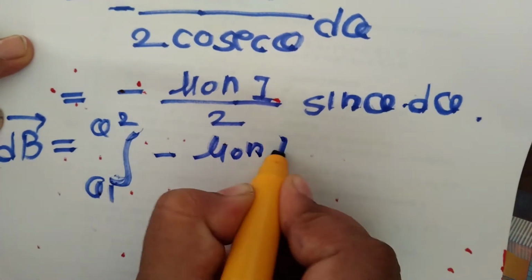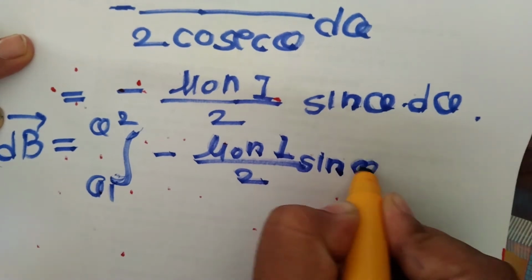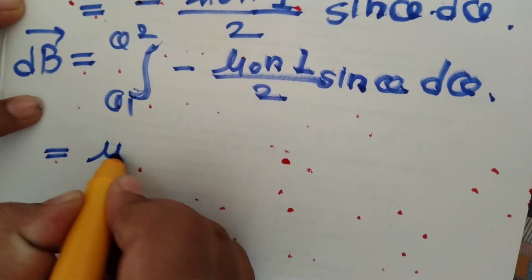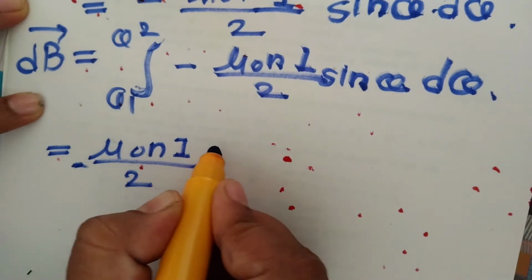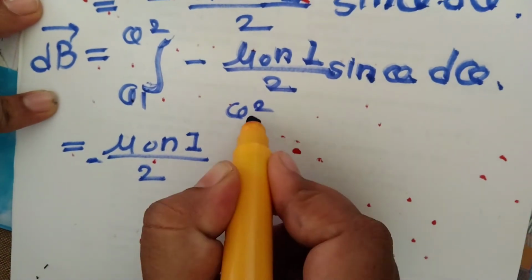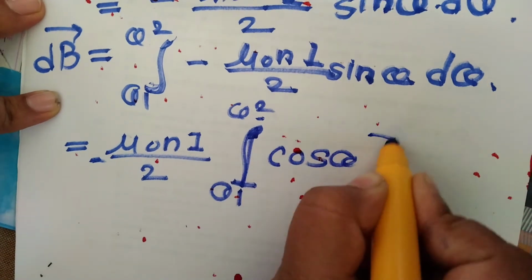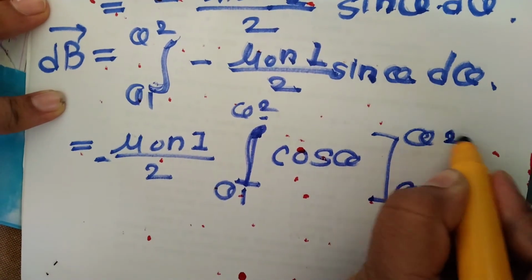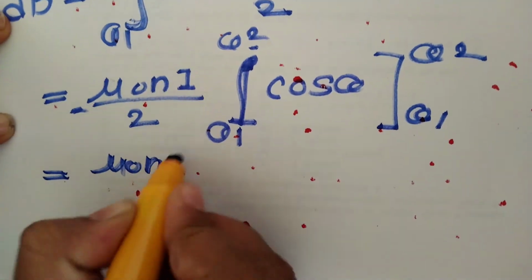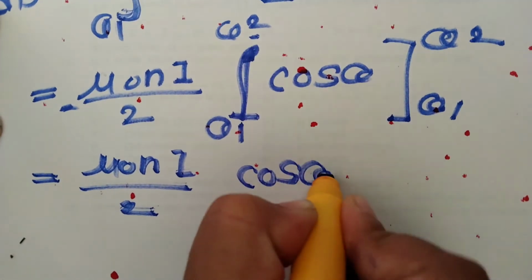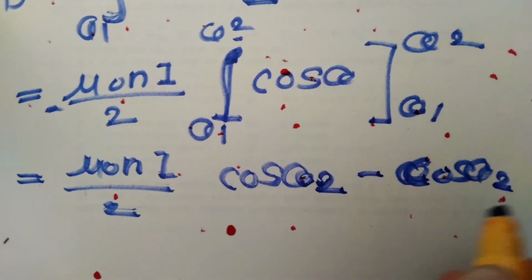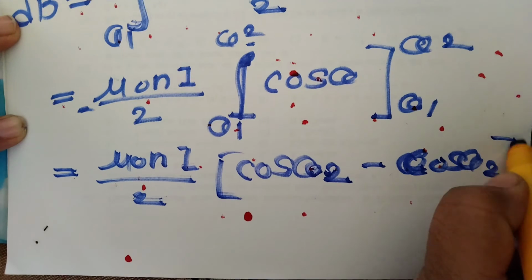Then mu naught n I by 2 into cos theta 2 minus cos theta 1. This will give the final equation.